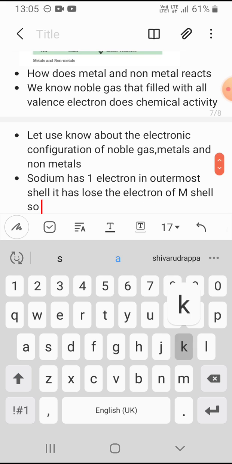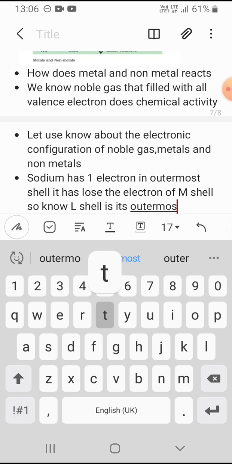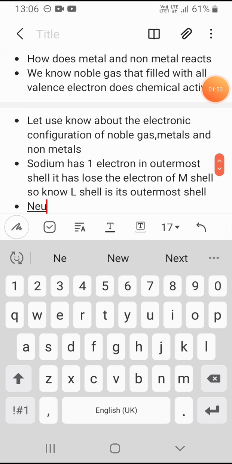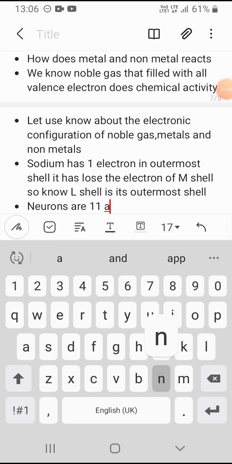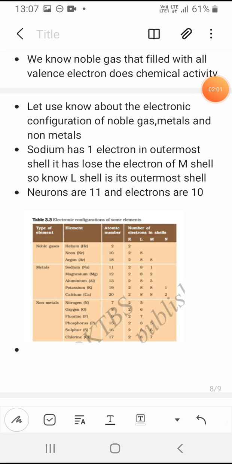So now the K shell or L shell is its outermost shell. Protons that are present are 11 in that, and electrons become 10. This is the electronic configuration of a noble gas.